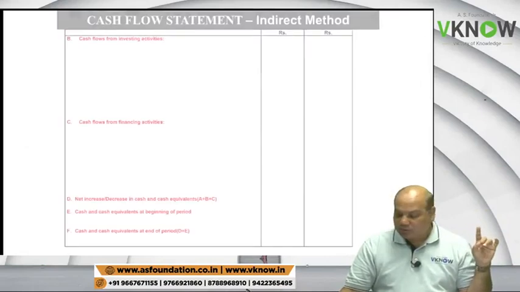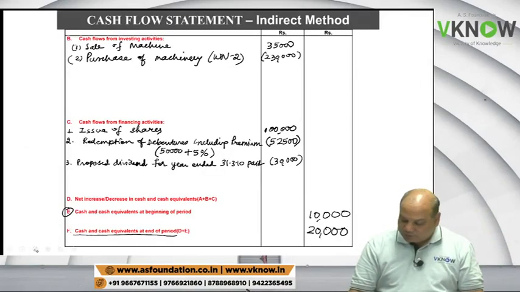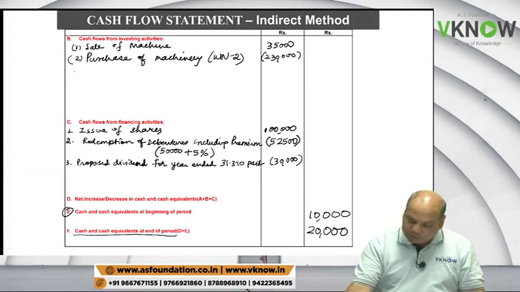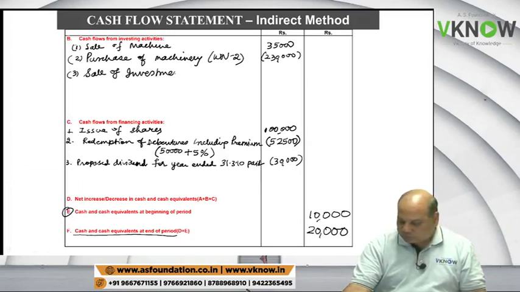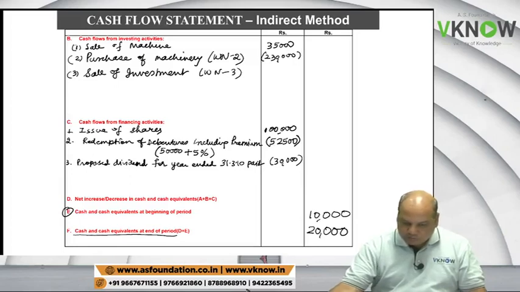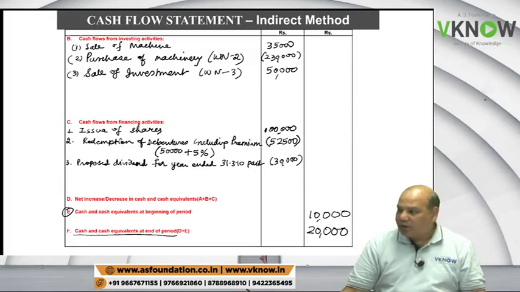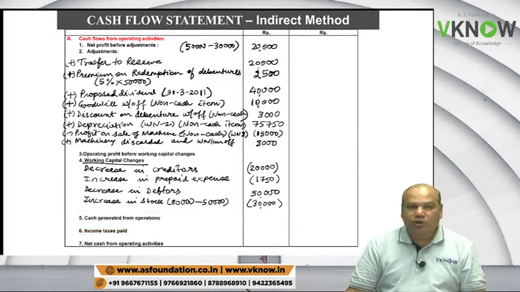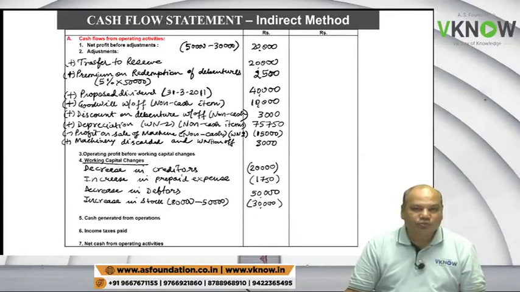First effect in investing activity, where you will write sale of investment, working note 3, amount is 50,000, and profit on sale of investment is a non-cash item which you have credited to P&L account, less.